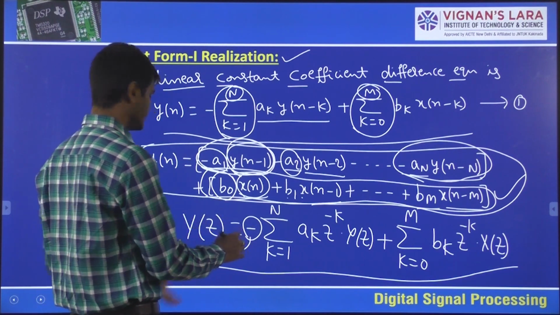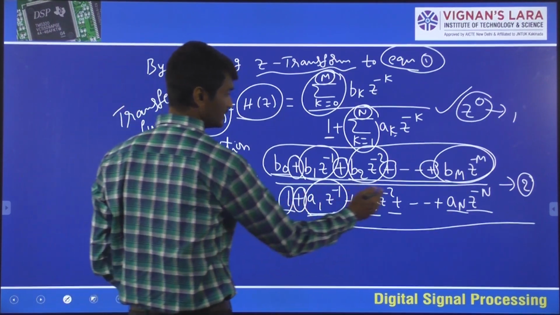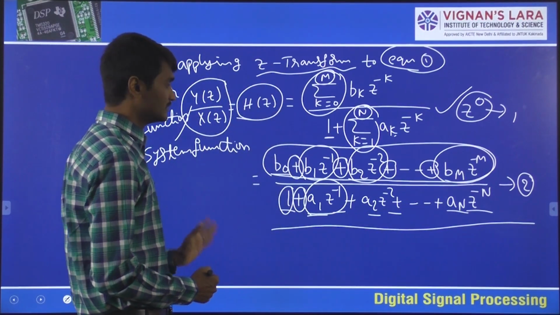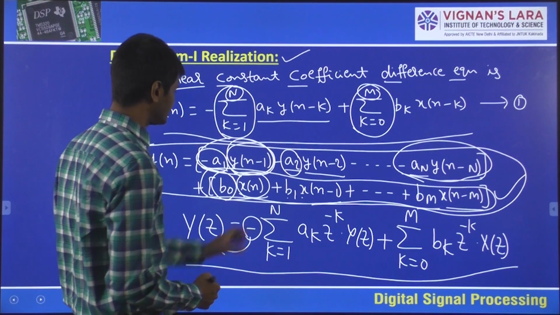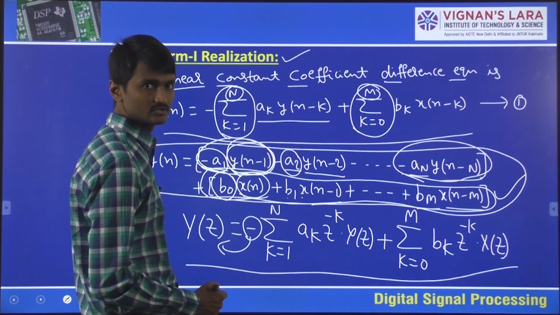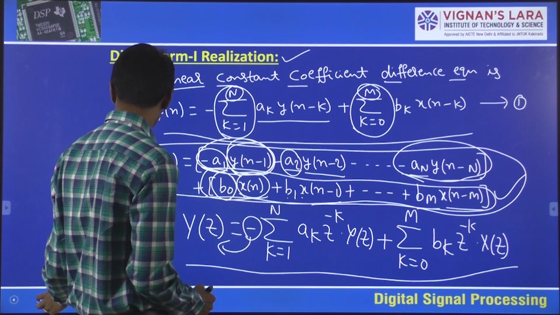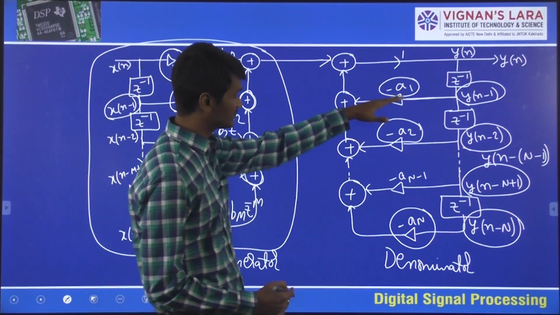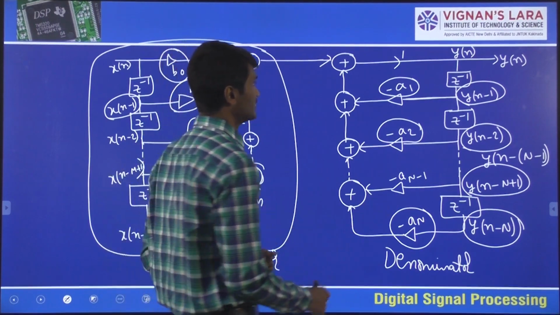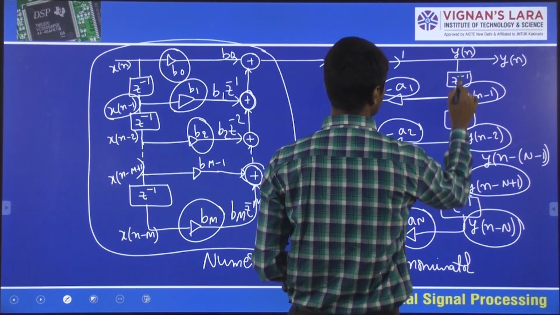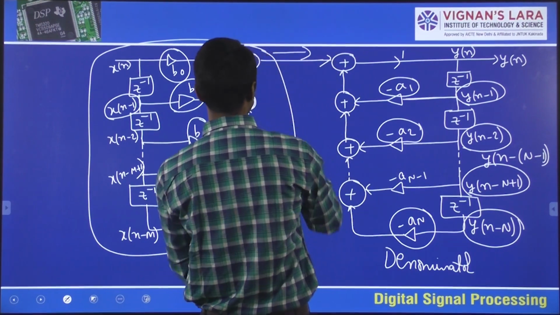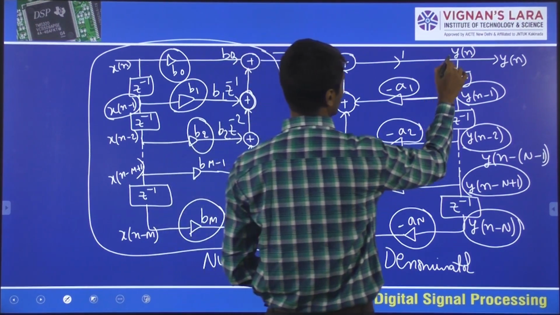So that's why in the z domain all are looking like plus a1, a2, okay, but in the time domain, this is the original one, minus a1, minus a2, minus a3 and so on, minus an. So we have to represent it like that only. So if you observe, y of n is equal to, finally, this entire numerator part is coming to this one. So next y of n, what is the result?